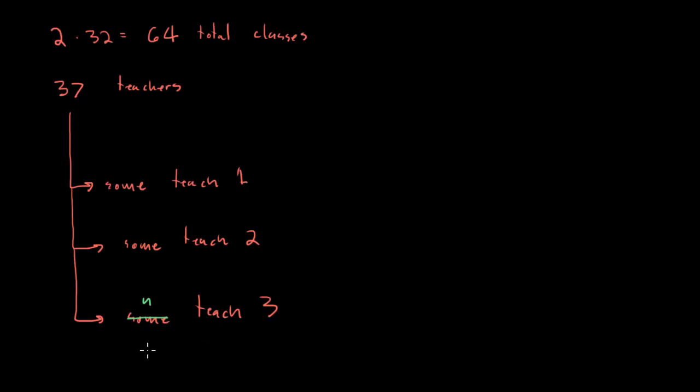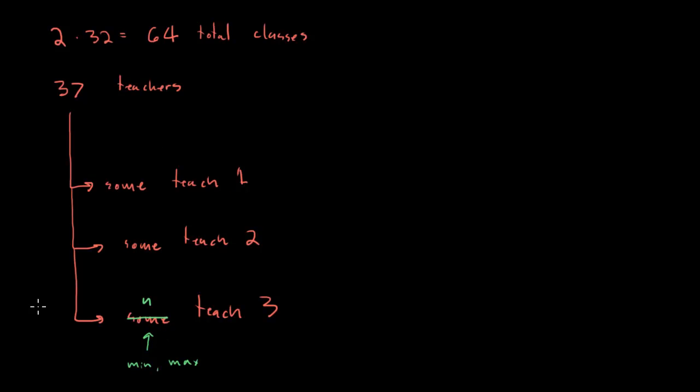We are asked for the minimum and the maximum value of the number of teachers teaching 3 classes, and I guess already we should be prepared for applying some minimizing, maximizing logic at some point. It's really always the key on these min-max questions.